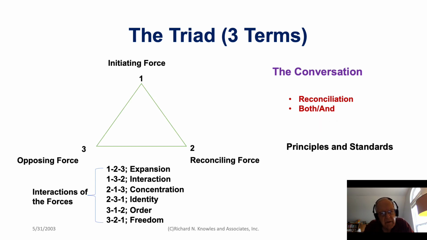The next term is the triad, and the triad has 3 terms, as the name implies, and it's composed of an initiating force, an opposing force, and a reconciling force. I call this principles and standards. We're dealing now with both-and.